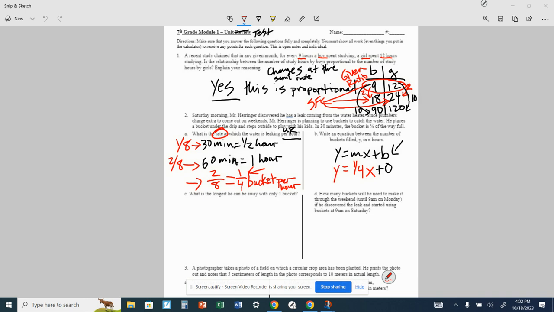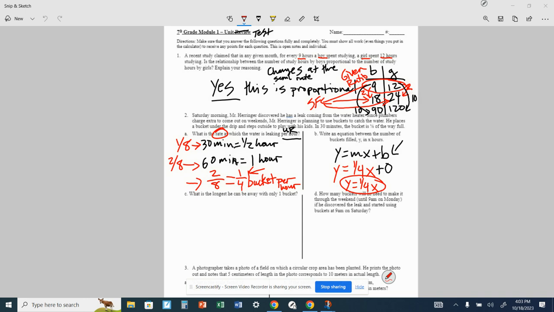So y equals 1/4 x plus 0, or y equals 1/4 x. If you'd rather use the decimal instead, it'd be 0.25 x. For our buckets filled, that's how many buckets are filled in 1 hour, right?